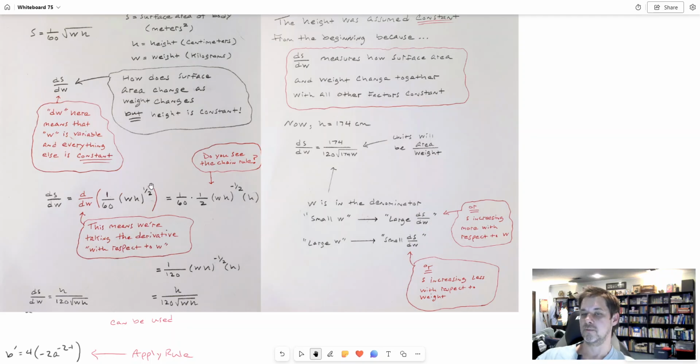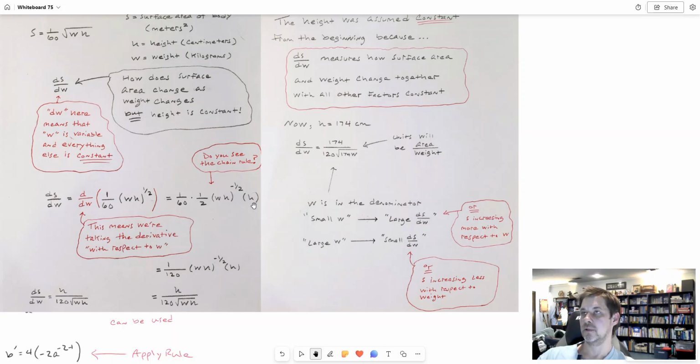I would subtract 1 from this power, and then I would multiply that by the derivative of that inside part with respect to w. What goes here with the chain rule is the derivative of w times h with respect to w, meaning that that h is a constant, and that is h.